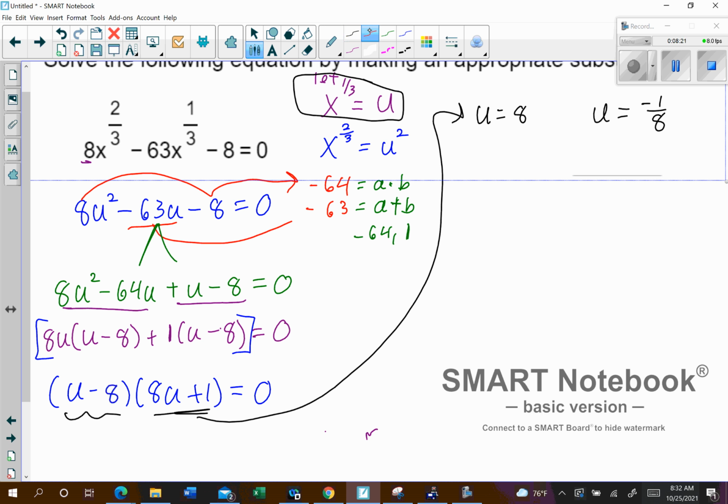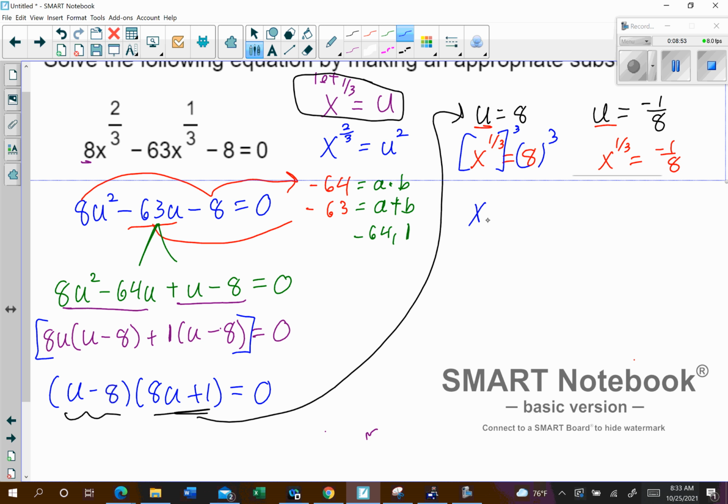But we're not really looking for u. We're really looking for x. So I have to replace these with what that's equivalent to. So x to the 1/3 equals 8, and x to the 1/3 equals -1/8. And what I'm going to do here is cube both sides to nullify the 1/3.